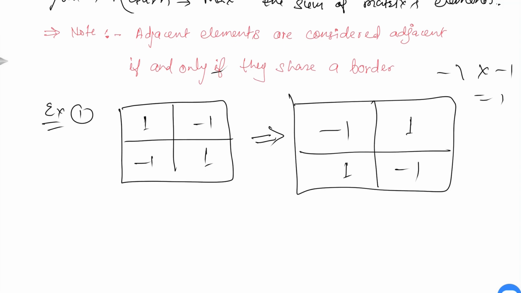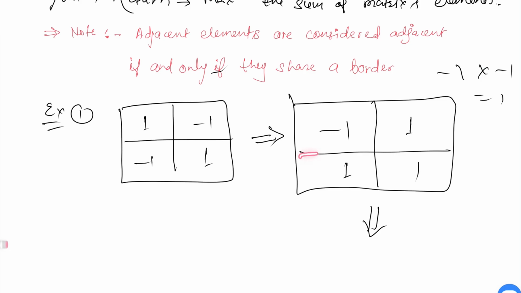So let's apply these operations on the next adjacent pair. If we take this as adjacent, what will it become? Sorry, I made a mistake. Let me clean this. This is not -1. Now if we multiply again, very first we have to choose the adjacent elements.